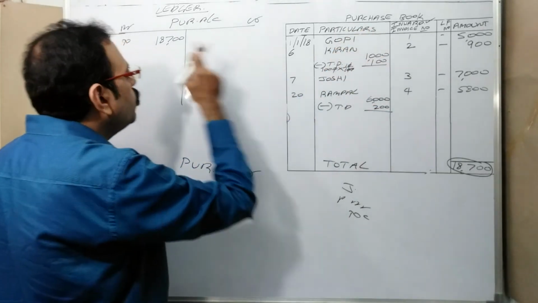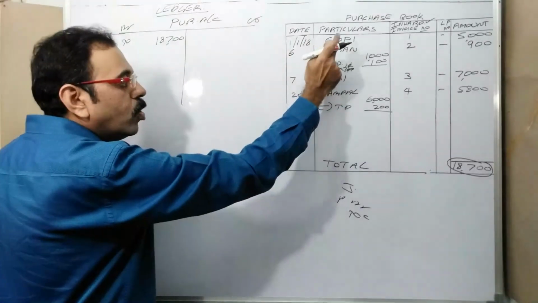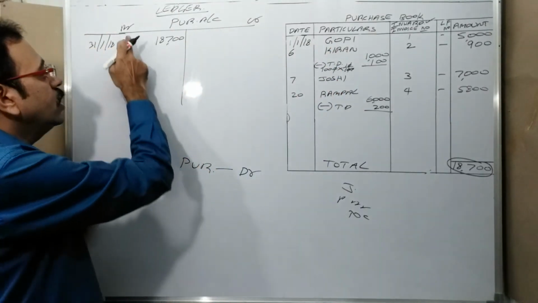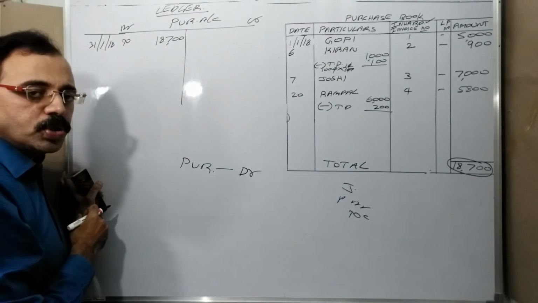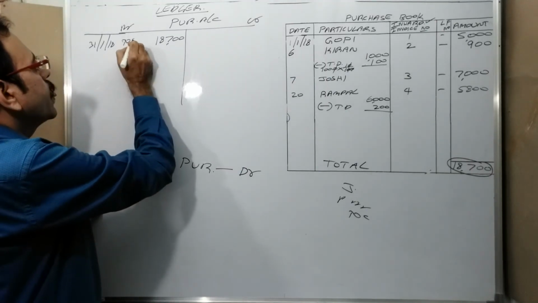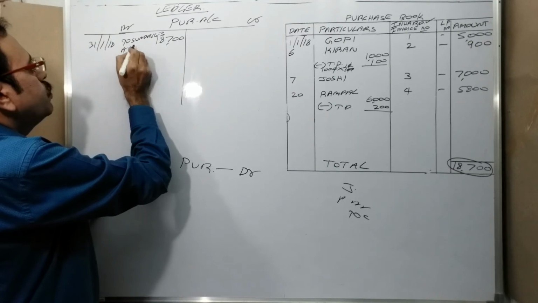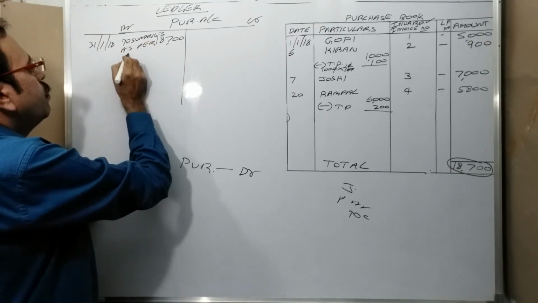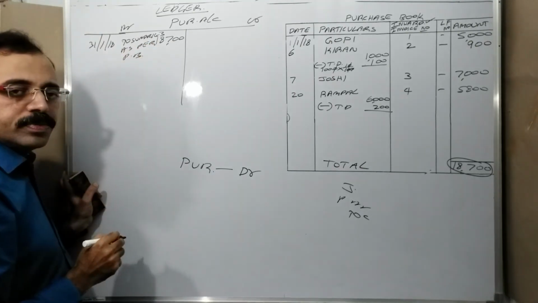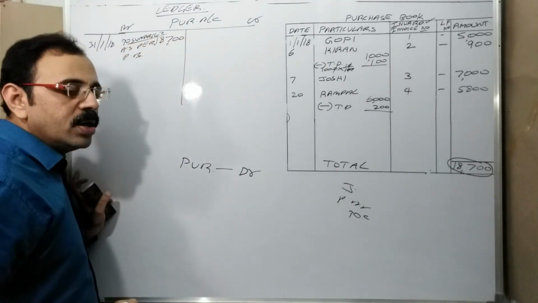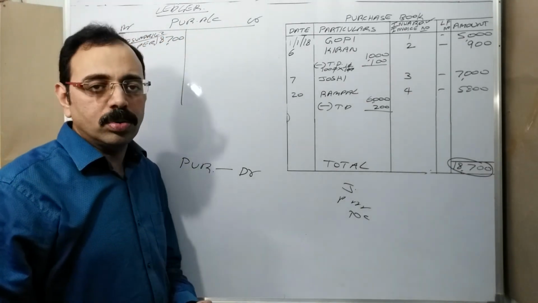What to write? Individual amounts we are not posting now. Therefore, don't write Gopi, Kiran, Joshi like that here. What we should write is "sundries as per purchase book". Sundries means what? Various amounts.